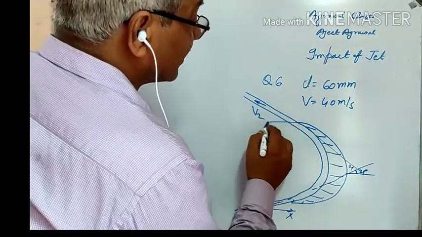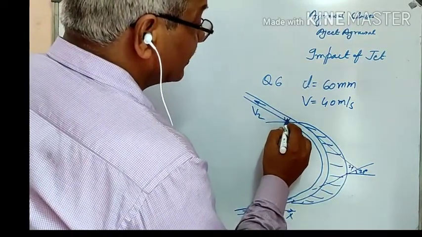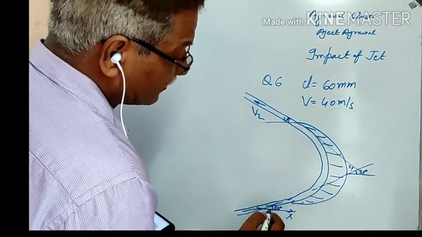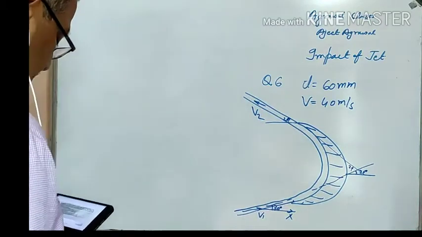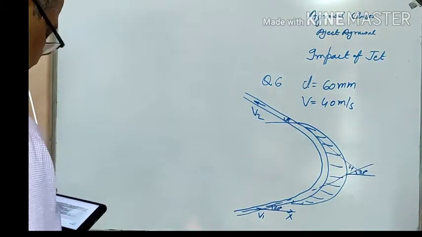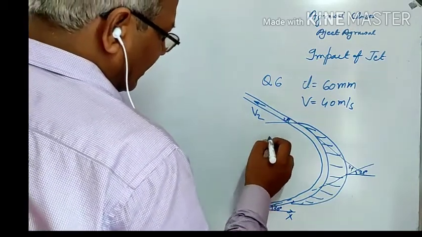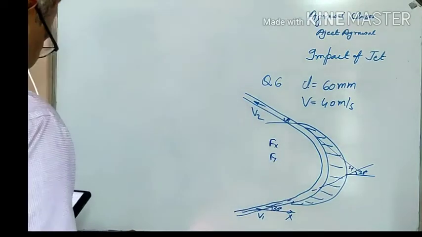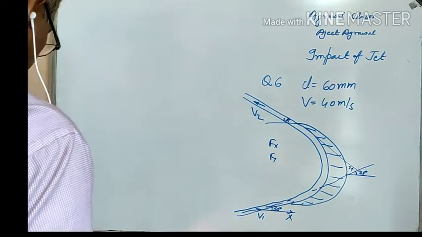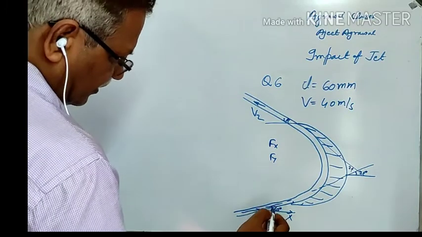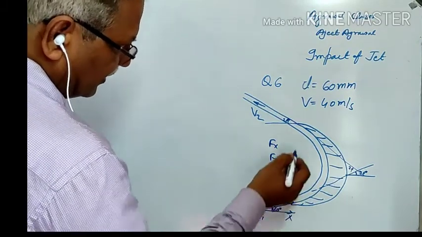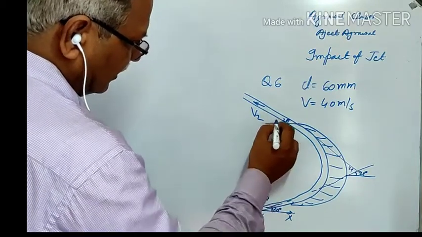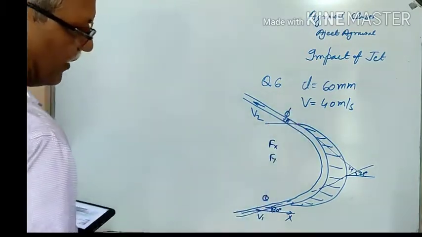So we can write this as 20 degree and this as 30. We have to find out the force exerted by the jet on the plate in the x direction, that is Fx, and the force exerted in the y direction, that is Fy, where the inlet angle of the blade is given as 30 and exit angle is given as 20. So this we are considering as theta and this we are considering as phi.